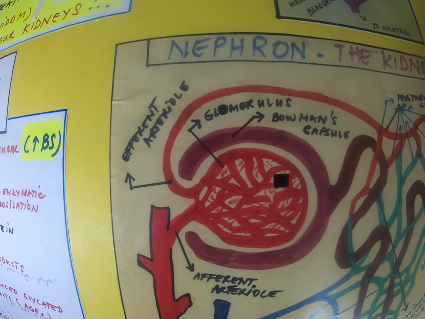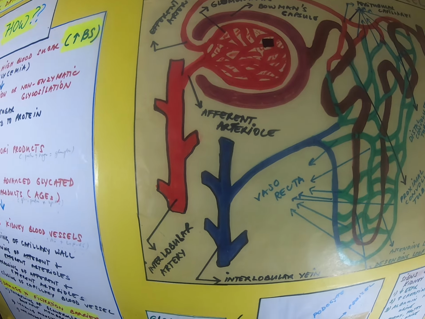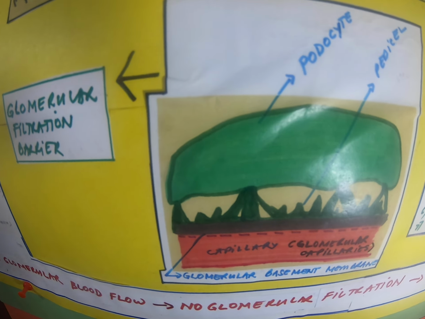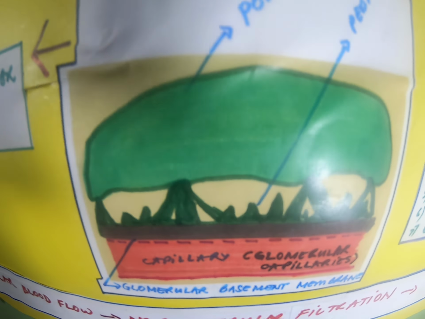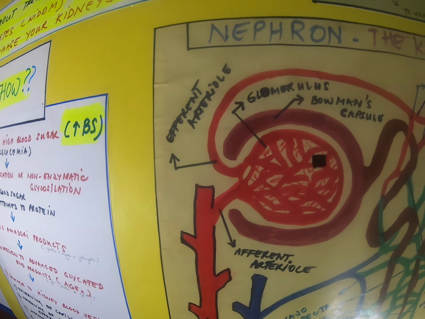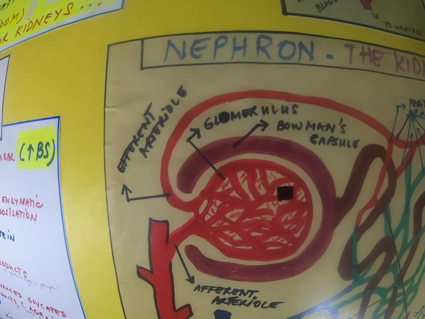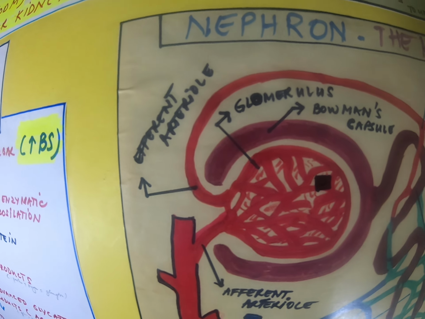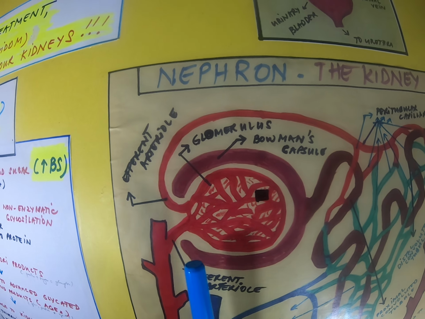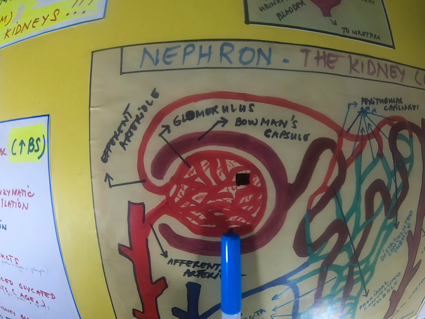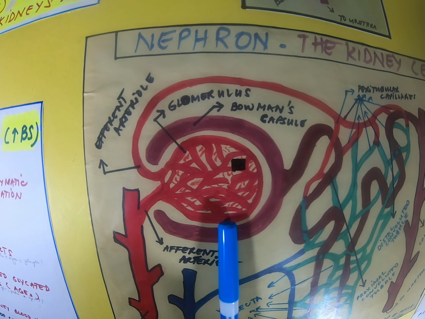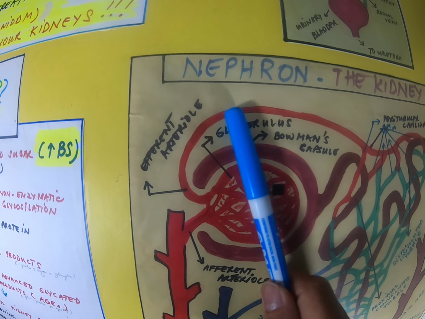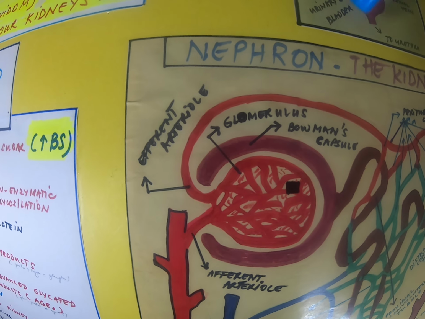So when do you think our glomerular filtration will fail? It will fail if the afferent arteriole is constricted instead of dilated, and the efferent arteriole is dilated instead of constricted.